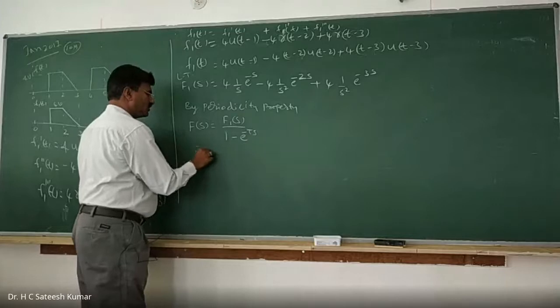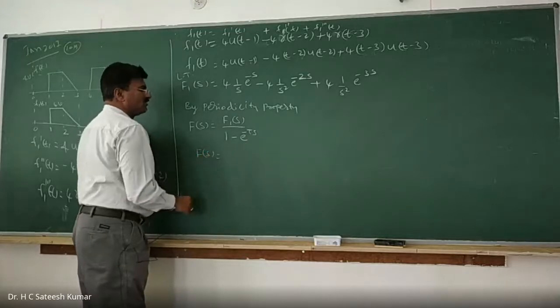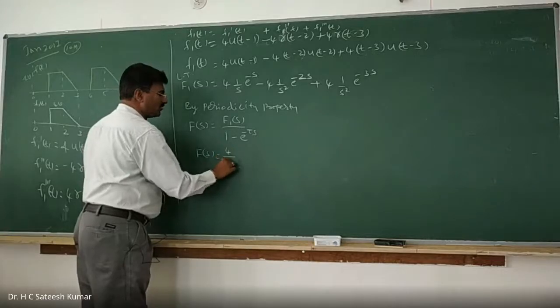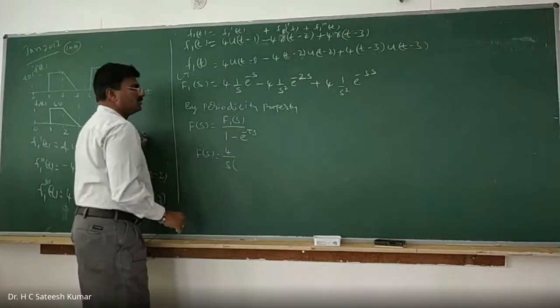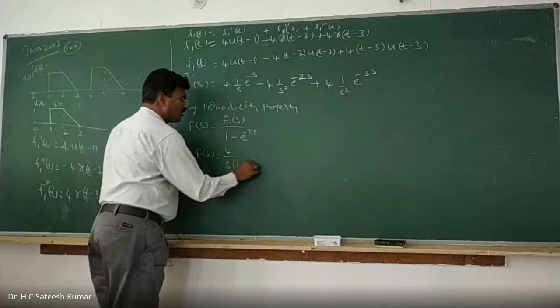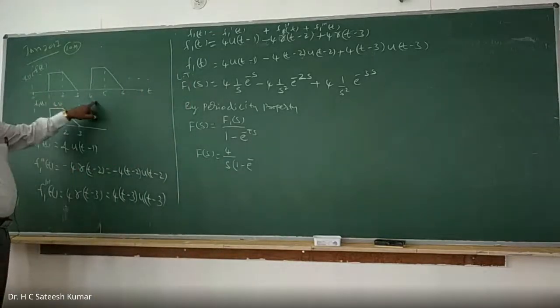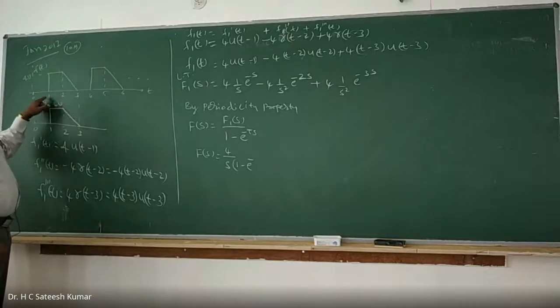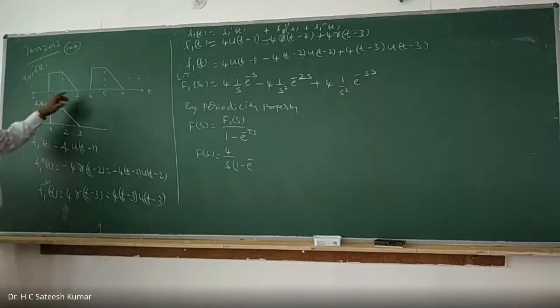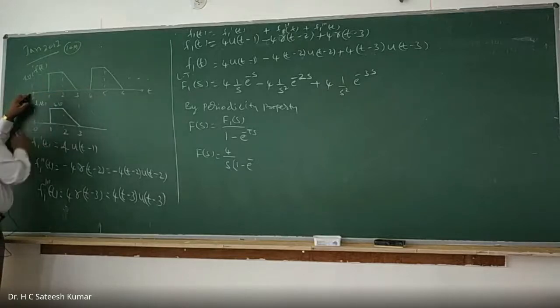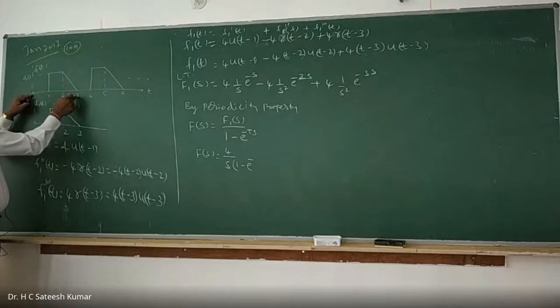Therefore, f of s is equal to f1 of s, and 1 divided by 1 minus e to the power of minus, what is the period here? The period is not 1 to 4. Starting from 0 to 3, 0 to 3 is repeated. After this 3, it is repeated. So the period is 3.